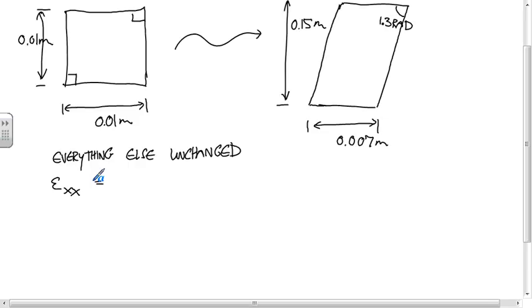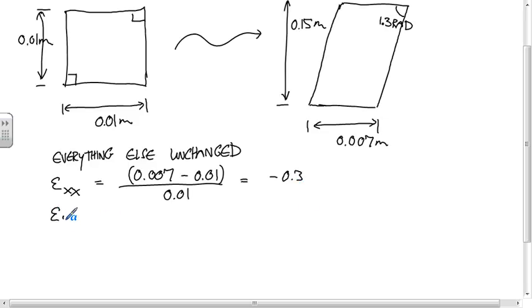So the x normal strain ends up as 0.007. It started out at 0.01. Can someone divide that? I don't have these calculated. What is it? Okay, negative 0.3. And again, that's too big a strain for our purposes, but it shows how to do this.